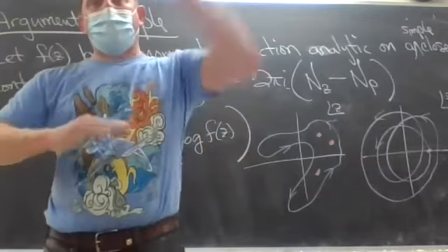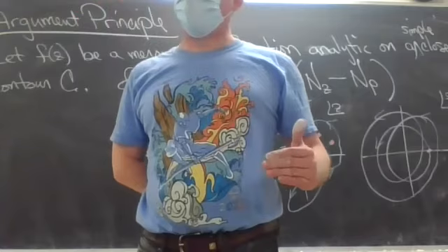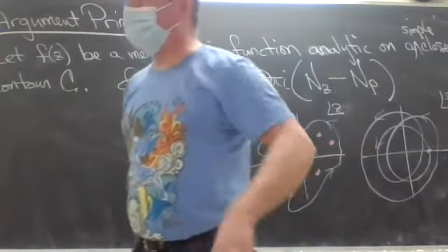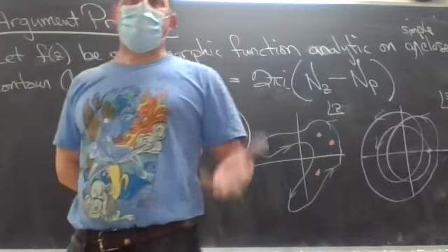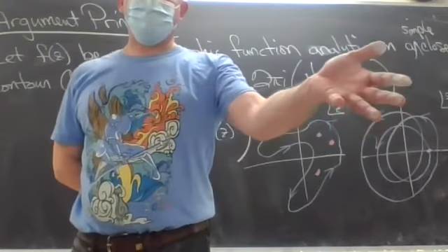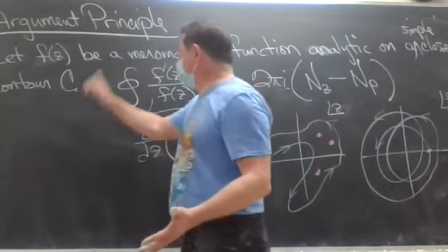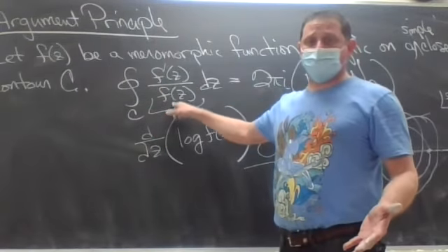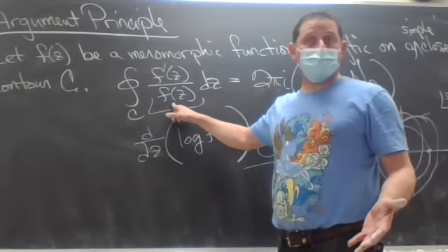It has to go up or down by a whole number multiple of 6.28 i. So I can see that numerically. And that allows me to do things like count the number of zeros in the Riemann zeta function, just by numerically integrating the zeta function's derivative divided by the zeta function around a certain contour.